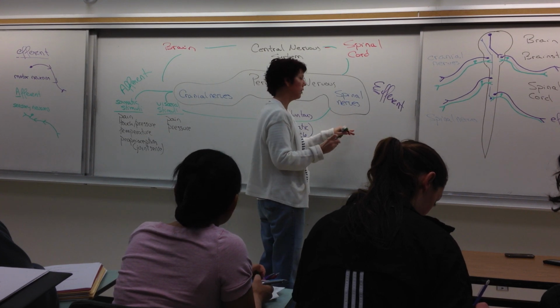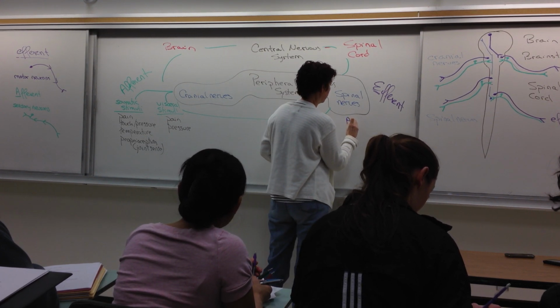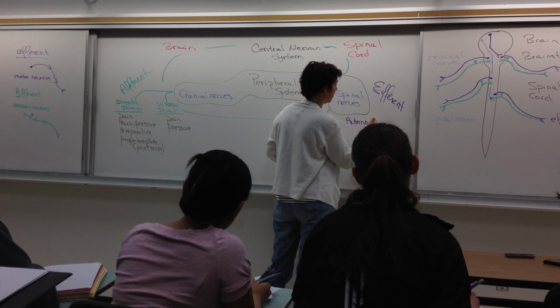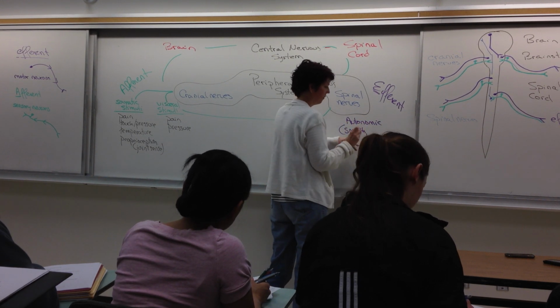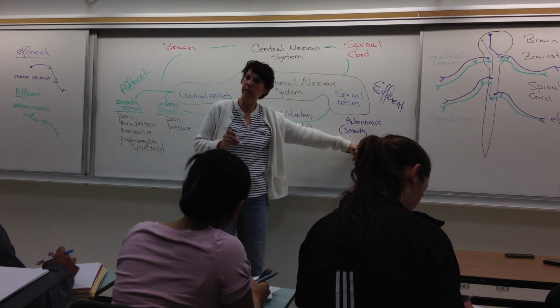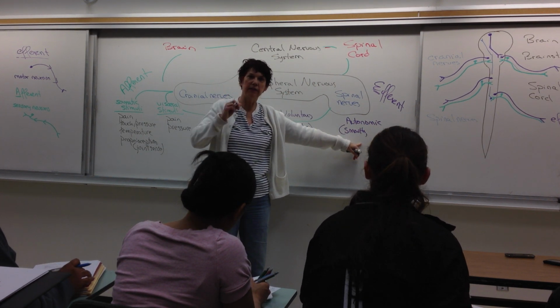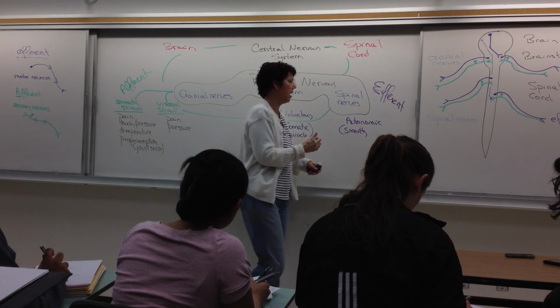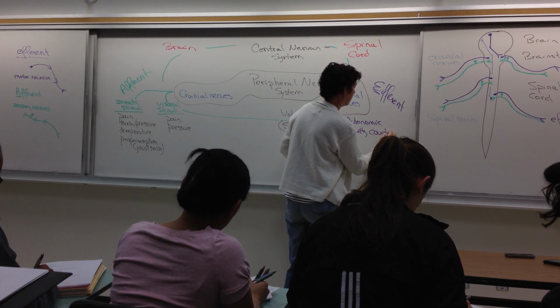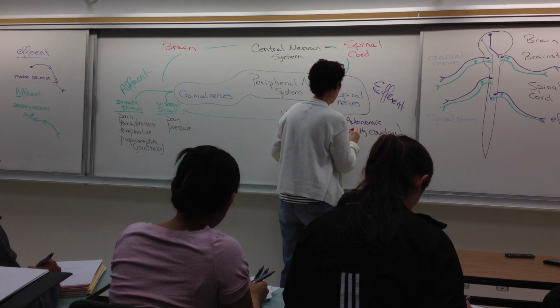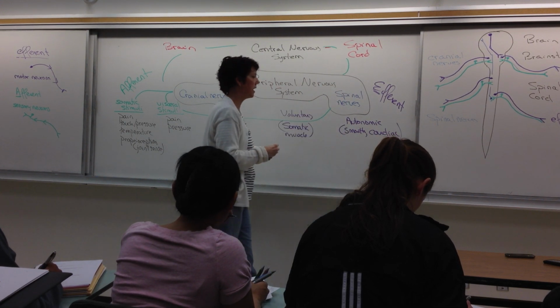And then our smooth and cardiac is going to be controlled by the autonomic nervous system. And that would be smooth muscle, which is what we have in our blood vessels and what we have in our irises of our eye and what we have in the stomach and so on. And so that's autonomic or involuntary.